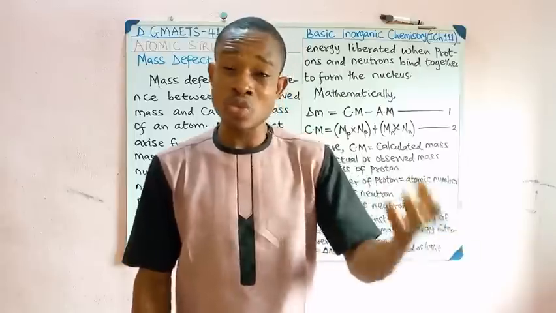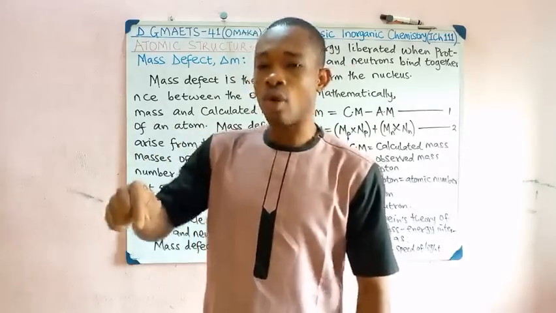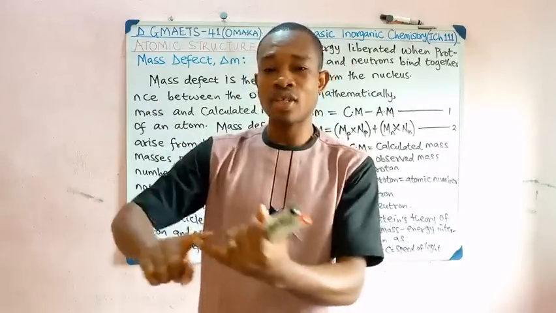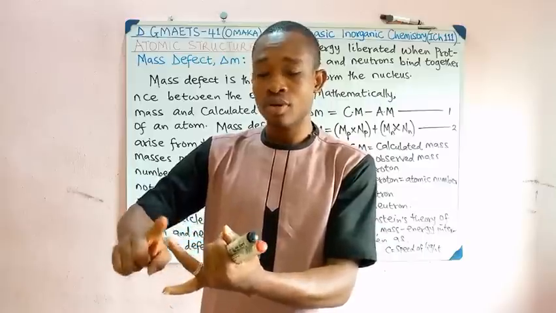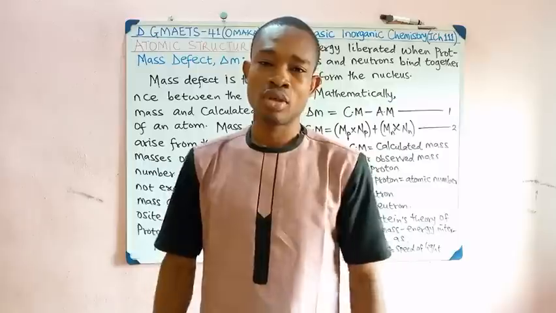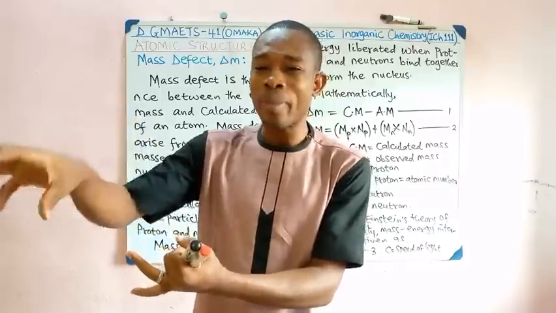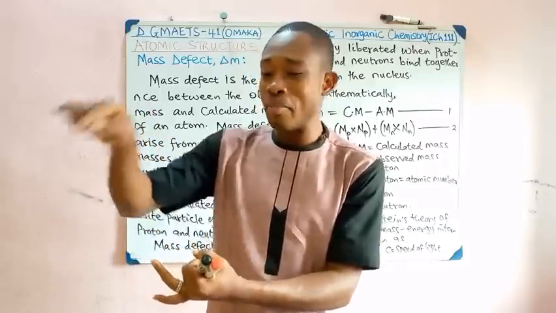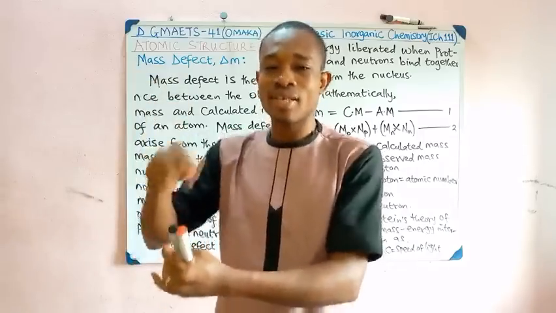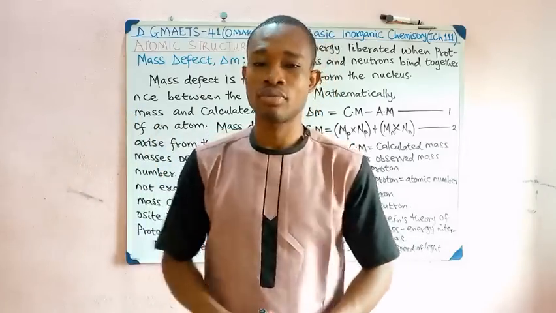That mass that is observed of an atom is not equal to the mass calculated when you consider the proton number, the neutron number, and the masses of proton and neutron. Because of course, for the nuclear particles, proton and neutron, we can use the number of protons, the number of neutrons, the mass of proton, the mass of neutron, to calculate the mass number of an atom.